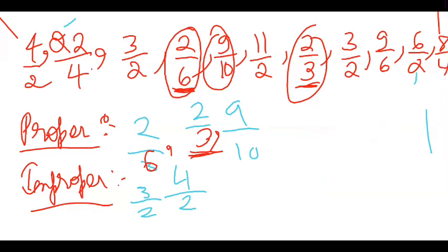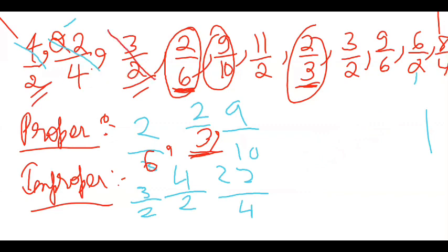What are the improper fractions now? Okay, so 3/2, 4/2, done. I'm confused, that's why I'm crossing out. Okay, please cross it out. 2/4, done. 3/2 is also done.